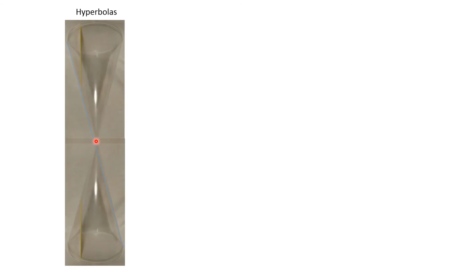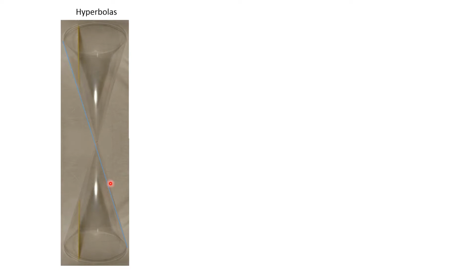This is actually only half of a cone. A cone is defined by taking a straight line and rotating it, pivoting it about a central axis or central point. If we pivot it like that, we can see that this is actually only half a cone.